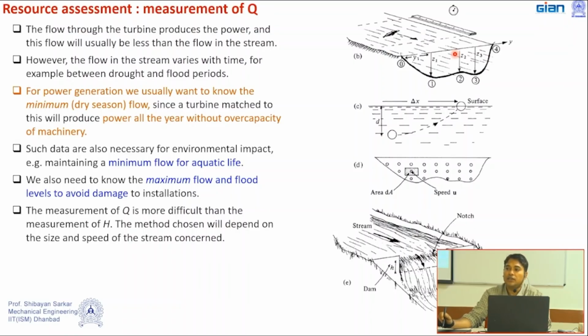A similar type of thing you can see in the case of wind energy, a wind farm. In a wind farm you can see a series of wind turbines installed on a hilltop. There also a certain exercise is made: what should be the inter-turbine distance? What should be the arrangement pattern?